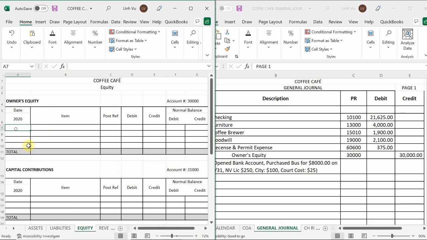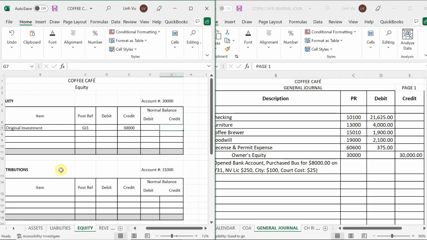it is June 4th. And in this case, I'm going to say this was an original investment. Okay. All right. And again, general journal number 1. And we paid $30,000 to invest into Coffee Cafe.